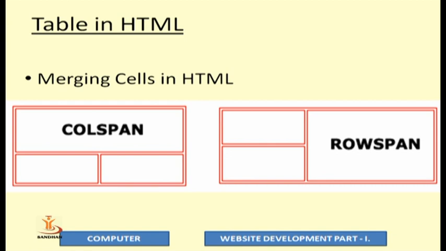Now in the below figure you can see colspan is an attribute through which you can merge your columns. That means this table is 2 by 2, but in this 2 by 2 I have merged the first row across 2 columns.